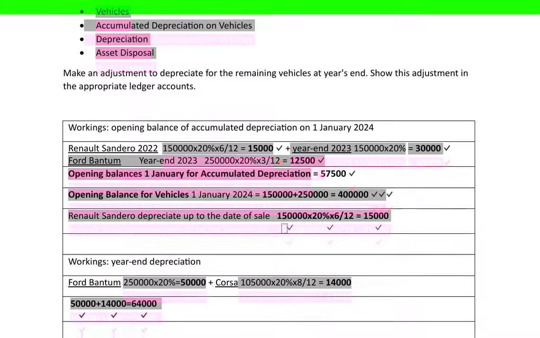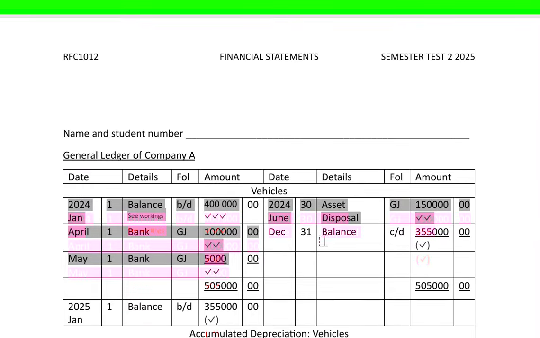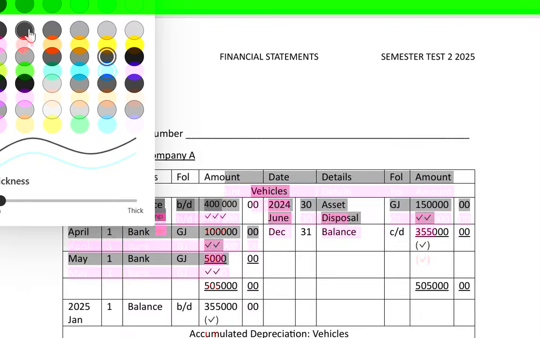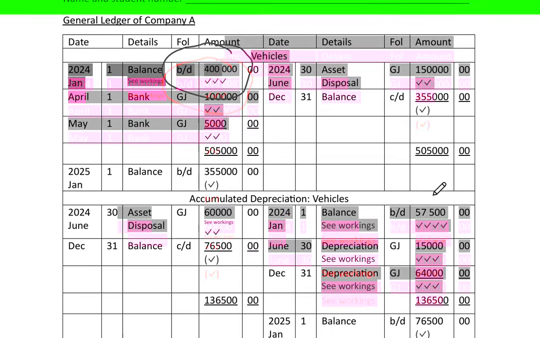So just quickly, when we get a question like this and you're asked to do the general ledger accounts, you can do the opening balances. Let me see if I can change to a pen. So we do the opening balances, easy to get. This one was difficult to calculate, but we want the accumulated depreciation up until the start of the year.